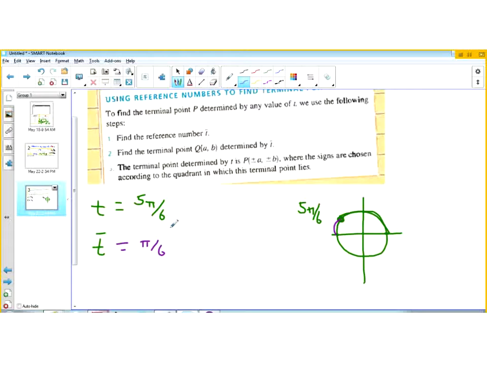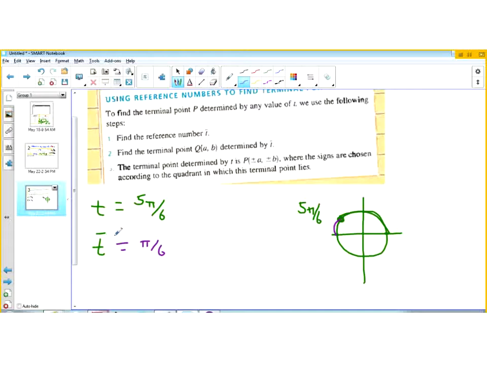You see how that equals pi? Because the addition of pi over 6 to 5 pi over 6 will put you on the x-axis, where t is equal to pi, because going counterclockwise, you'll intersect the x-axis when t is equal to pi. So in this case, the reference number for 5 pi over 6 is pi over 6.